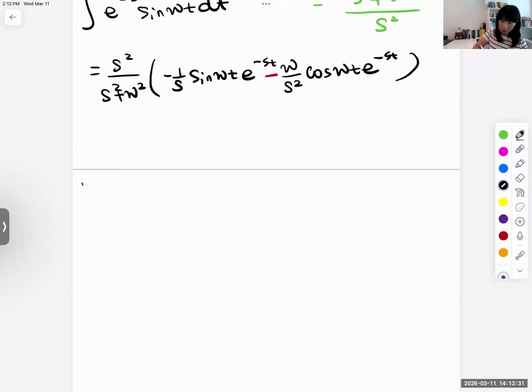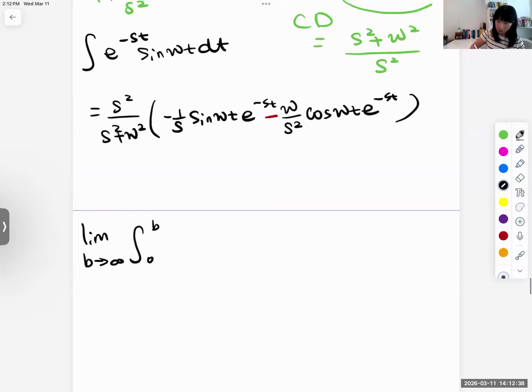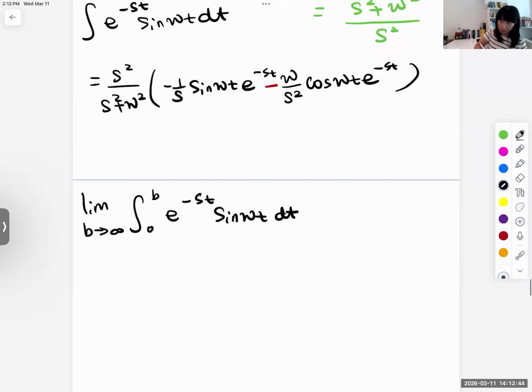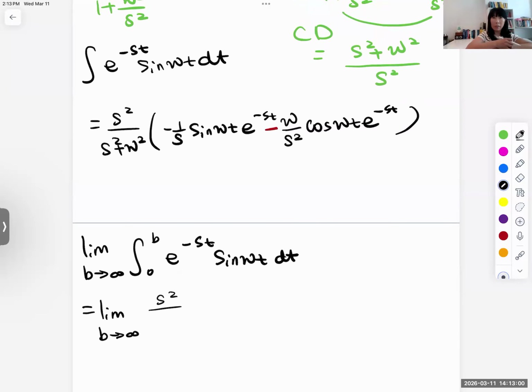So take the limit, B approaches positive infinity, from 0 to B. And then we have the integral of e to the negative st sine omega t dt equal to, take the limit, B approaches positive infinity, and then the answer is s squared over, why s squared? Yeah, we said s squared, right?